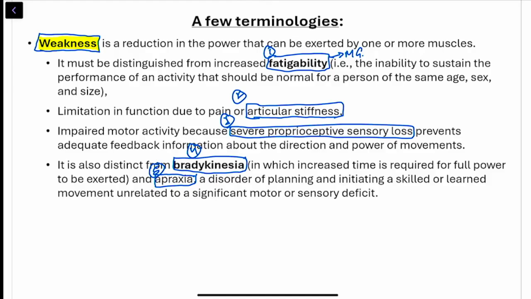It is fatigability and it is not weakness. So we have to differentiate between weakness and fatigability, weakness and articular stiffness similarly, and other proprioceptive sensory loss, bradykinesia and apraxia, etc. So weakness is different and these complaints are different because their causes are different, right?